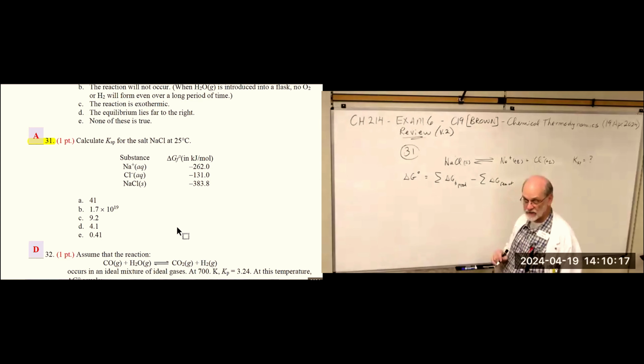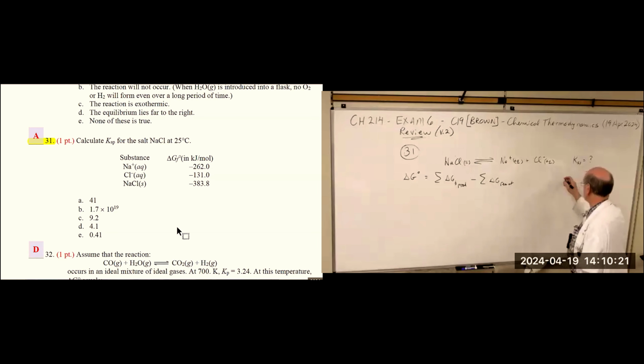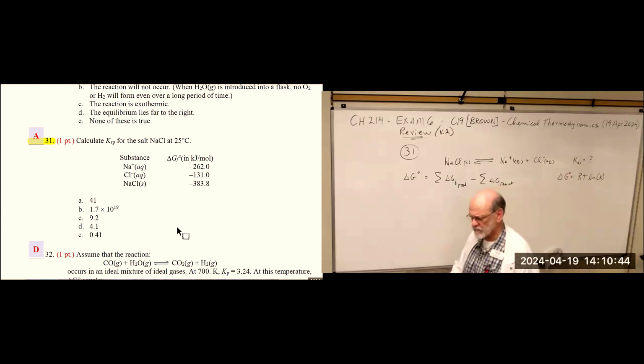Okay, so we can find out delta G. And where I'm going with this is delta G zero equals, let's see, minus RT log K. Is there a negative sign in front of that?